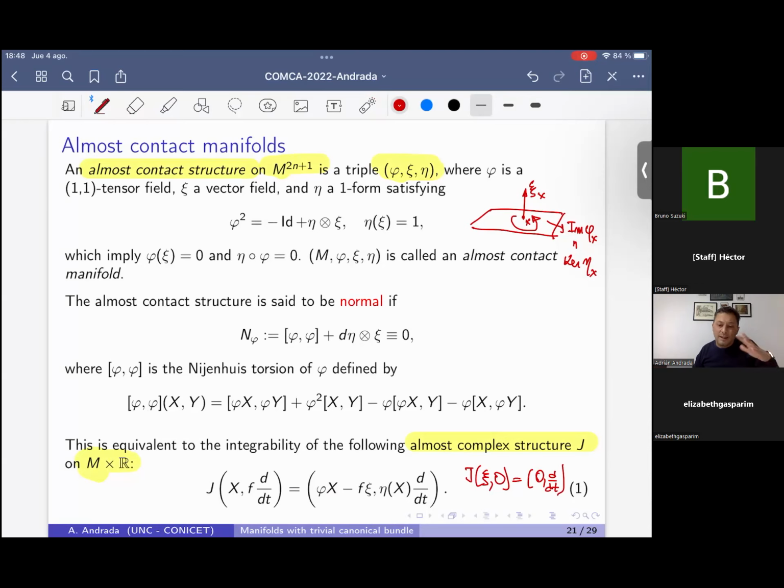So we add this other term, and then we extend phi with this relation to the whole product manifold. And the normality of the almost contact structure is exactly equivalent to the integrability of this almost complex structure. So that's why this received this name, and they are special. They are nice almost contact structures.